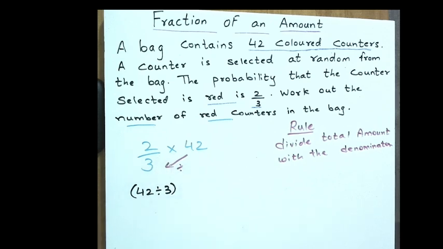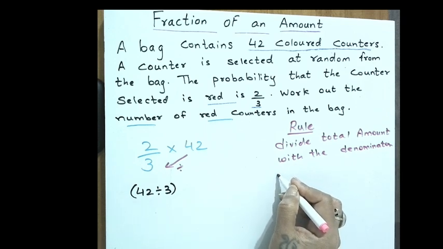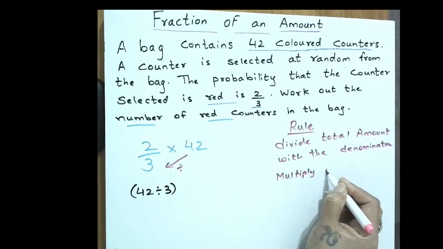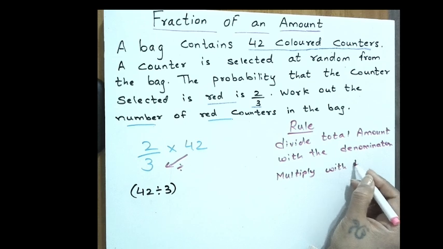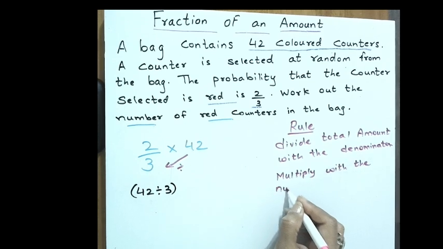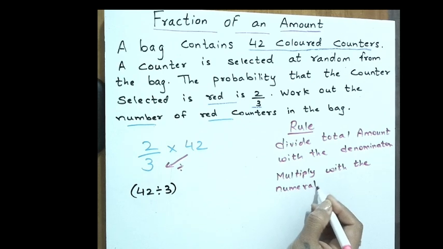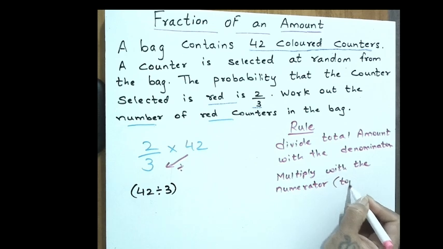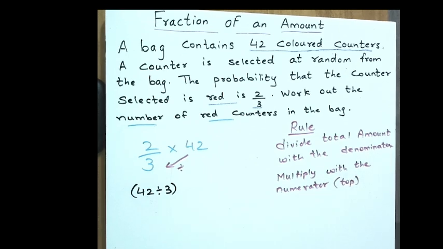The second step is to multiply with the numerator. The numerator is the top number. So you are going to do times 2.